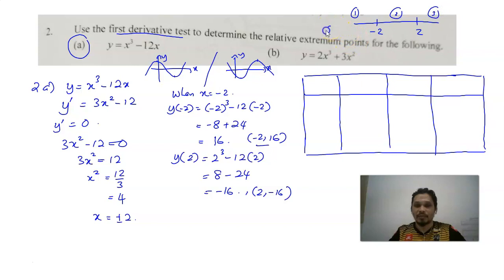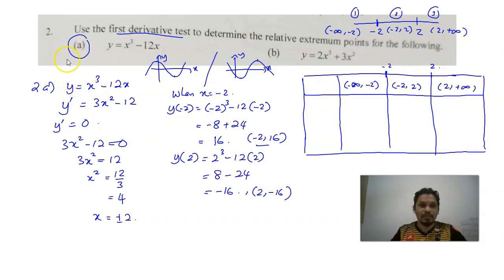The first territory is from negative infinity until negative 2, then from negative 2 until 2, and 2 up to positive infinity. Just imagine that this is the point x equal to negative 2 here, and also x equal to 2 here.